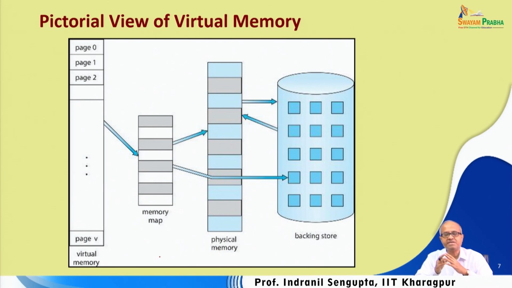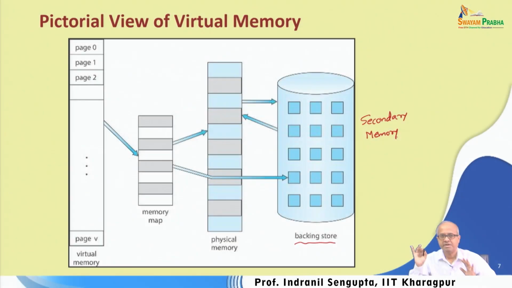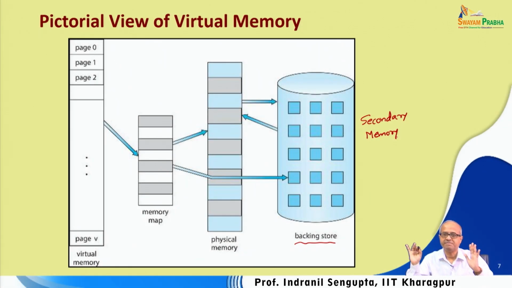Now, pictorially let us see conceptually how virtual memory works. First thing on the right, you see the backing store, which is nothing but the secondary memory. Just assume that we are using paging. So, the pages of a process will be stored in secondary memory.